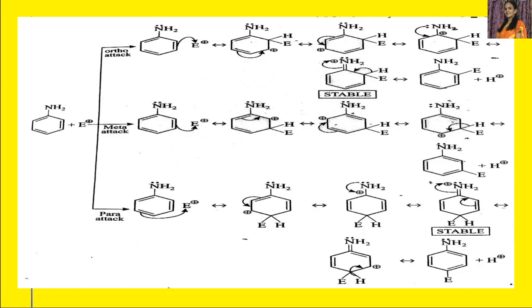Therefore, the positive charge on nitrogen is neutralized, giving the electrophile at the ortho position to this amino group. Okay, this is the attack of electrophile at the ortho position. Right?